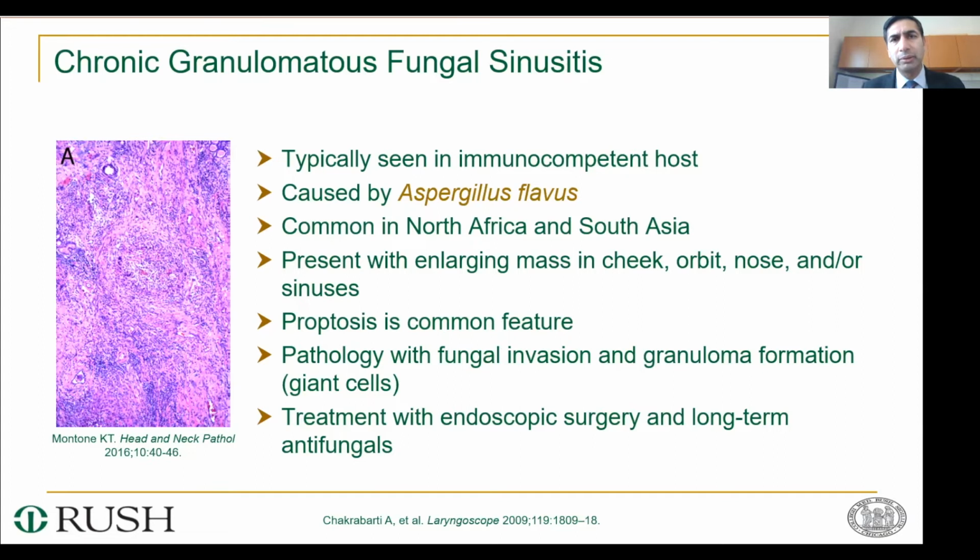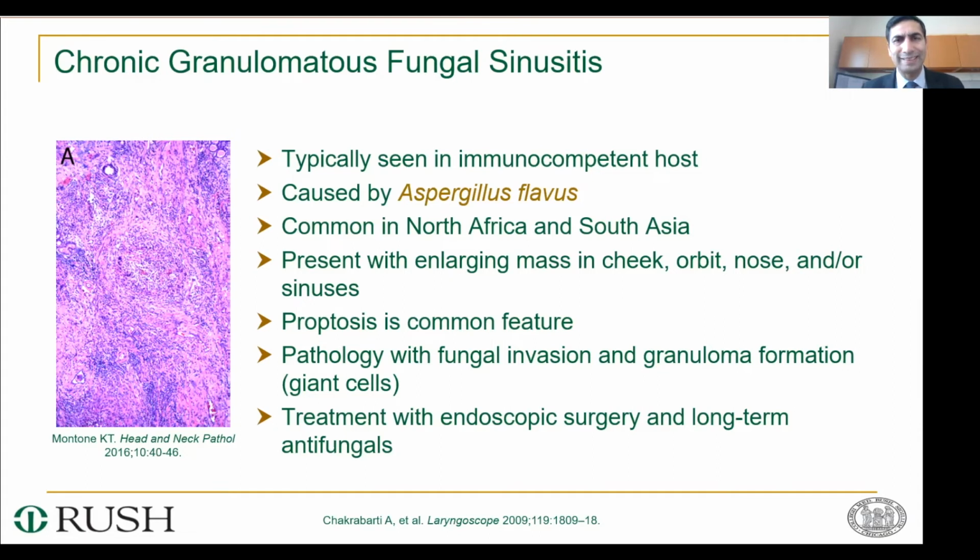The chronic granulomatous fungal sinusitis is a more rare variant, certainly in the United States. I've seen a handful of cases over my 20-year career. More commonly, this is seen in countries in North Africa. Also tends to be endemic within South Asia. This is seen in immunocompetent hosts, typically younger patients, and it's caused by Aspergillus flavus.